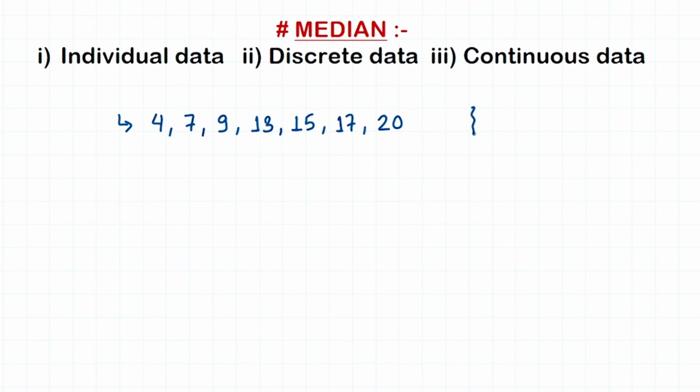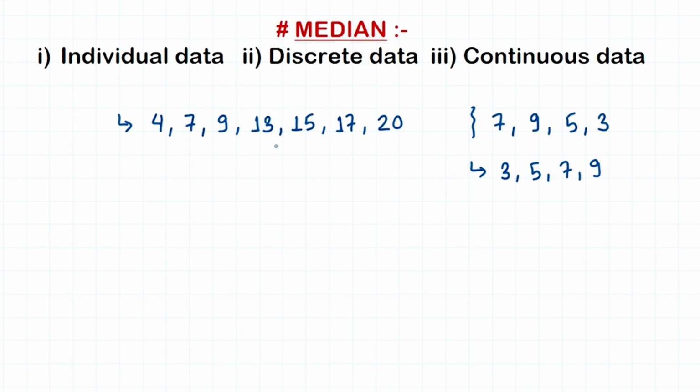If our data was something like 7, 9, 5, 3, then this data is not in ascending order, right? Then we would have to arrange it into something like 3, 5, 7, 9, okay? So it's from the smaller number to the bigger number. And if you arrange your data like that, then that's called ascending order. In our given data, it's already in the ascending order. It starts from 4, the smaller number, and then it gradually increases, right? So this is already in an ascending order.